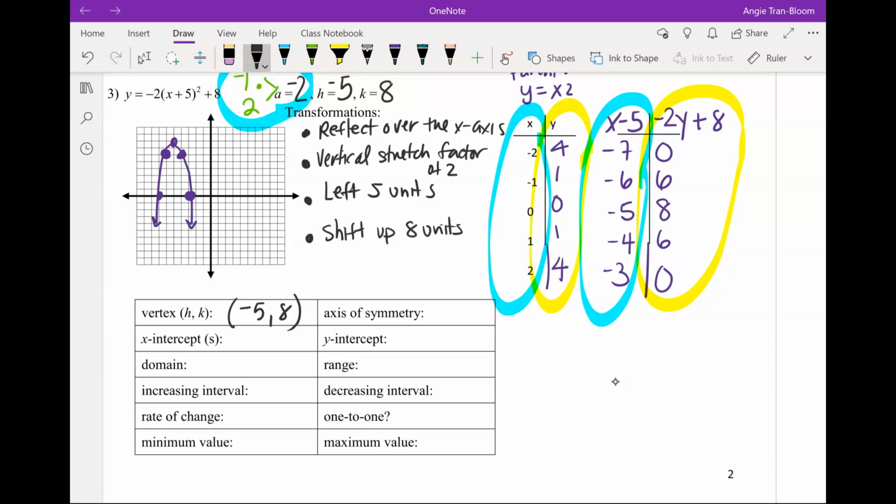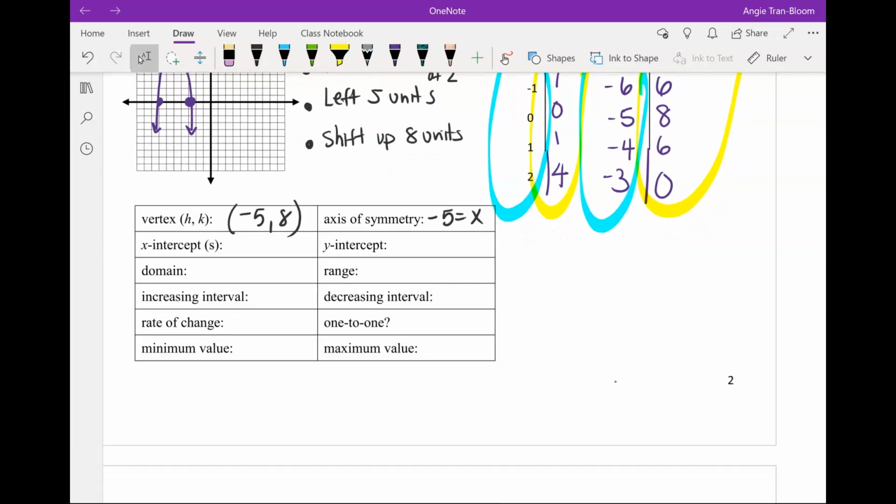Emily, what did you write down? -5 equals x. Is that the same thing as x equals -5? Yes, perfect.